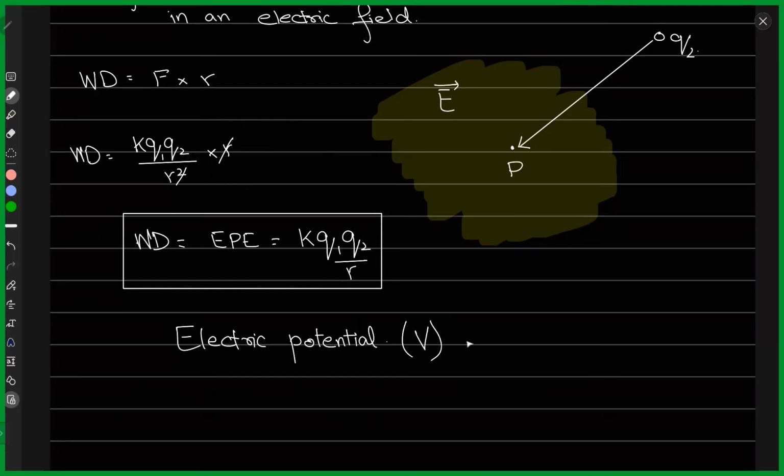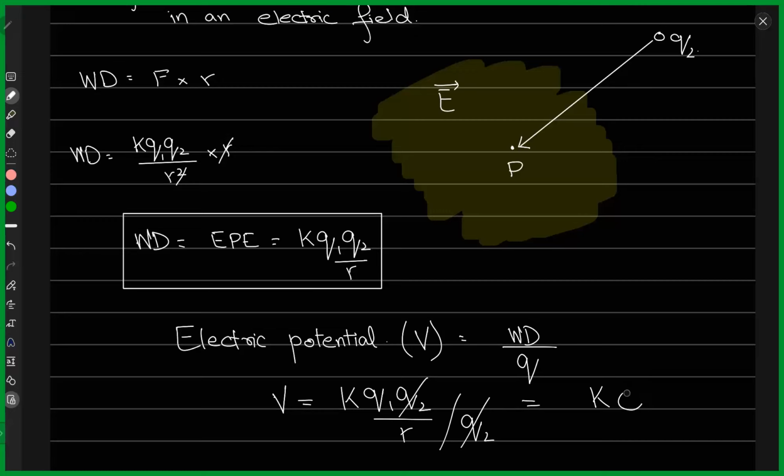We'll represent it with V, and it is the work that I'm doing for every charge. So I'll divide it by the charge. This gives me the electric potential as K Q1 Q2 by R divided by Q2. And this Q2 and Q2 cancels, and you're left with K, Q.